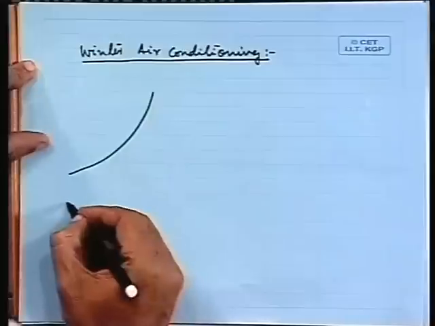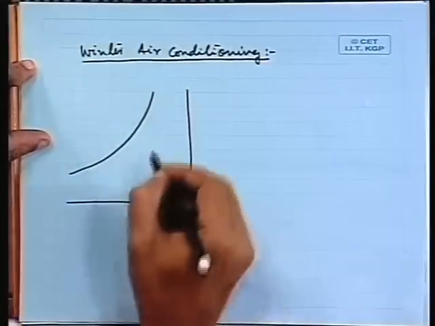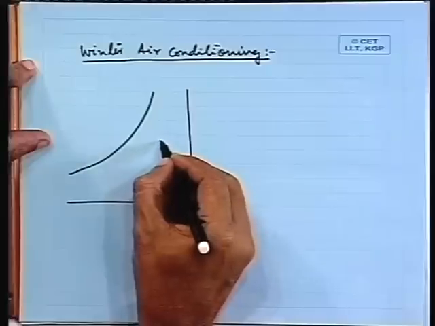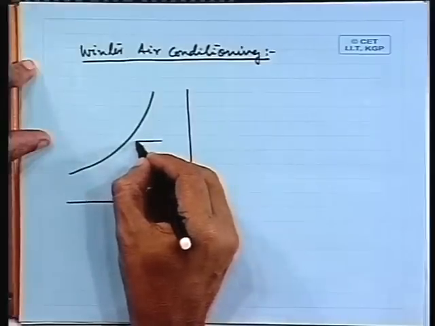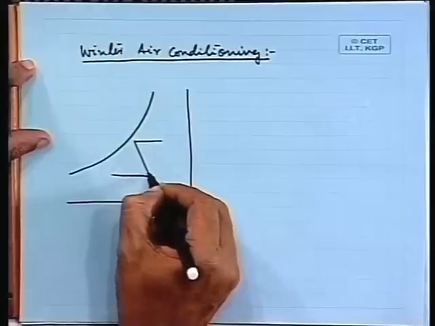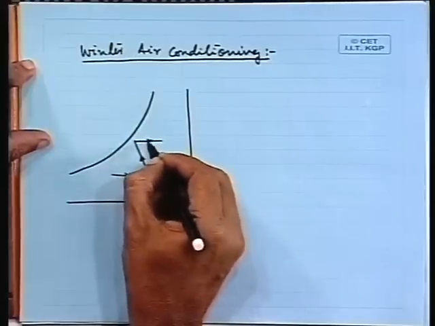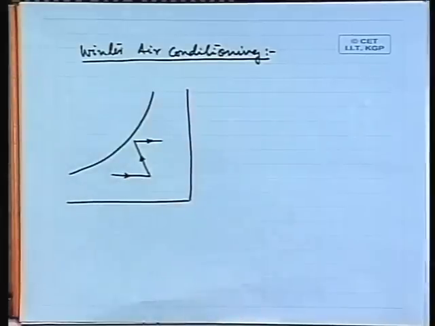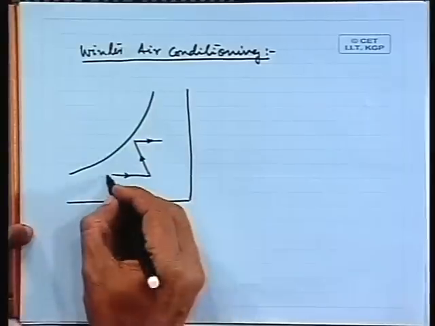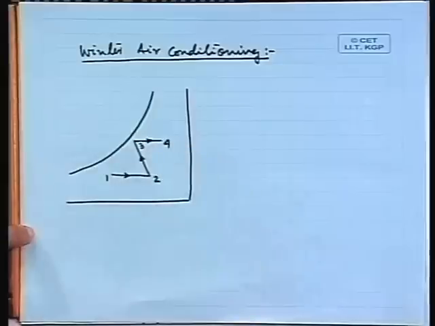So the process could be something like this: one can think of a process like this, 1, 2, 3, 4.